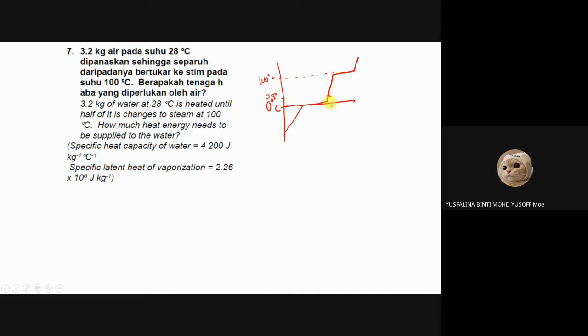How much energy is needed to increase the temperature? For this one, we use MC theta. Starting from here, it starts to change from liquid to gas, but it can only completely change to gas until this level. So again, this one is ML.